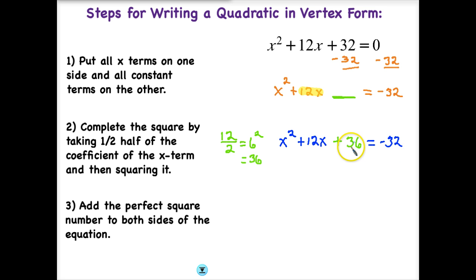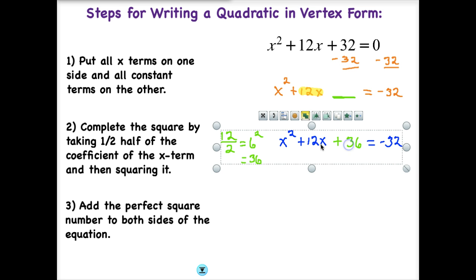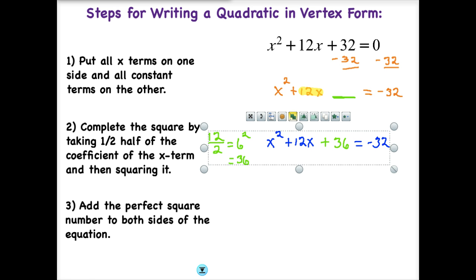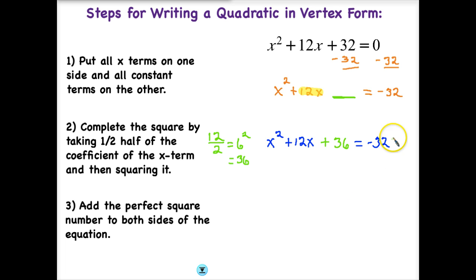You can't just add something to one side without adding it to the other side, otherwise you upset the equality of the equation. So if we have the plus 36 here, then we need to do plus 36 on the other side, in order to make sure our equation still balances. So let's add plus 36 to this side.